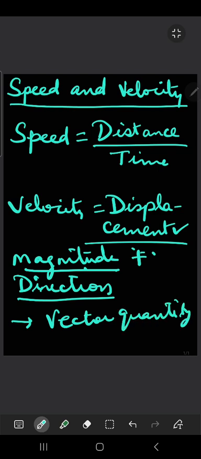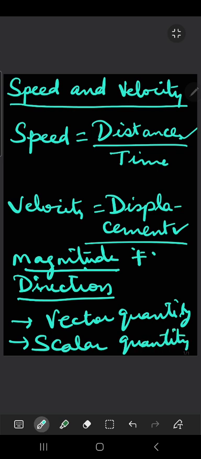So in this case our velocity is a vector quantity. Got it? But what about speed? This speed only indicates the distance or the magnitude, how much distance an object is moving or moved. So this speed only gives you the magnitude but not the direction. So speed would be a scalar quantity.